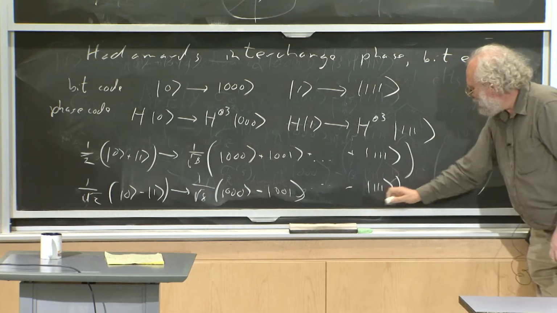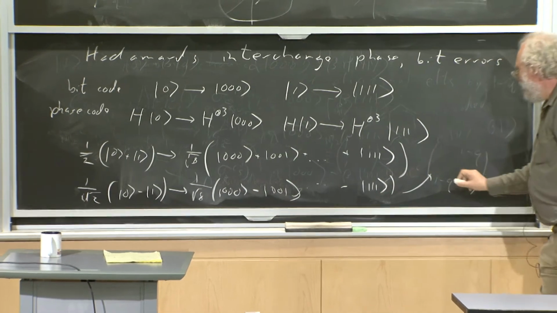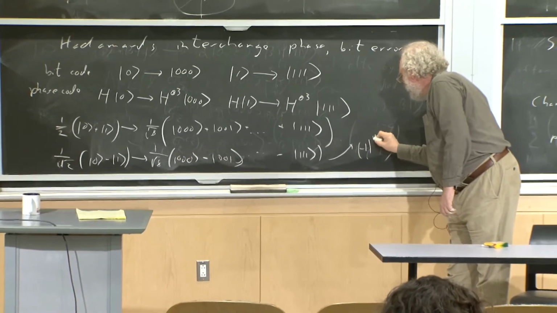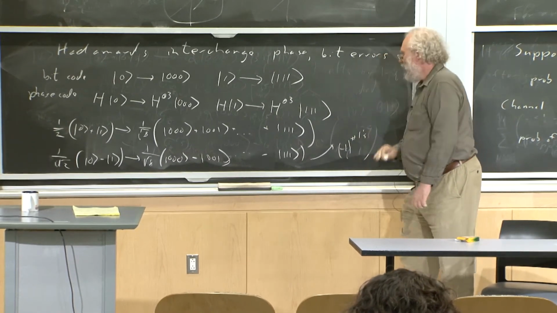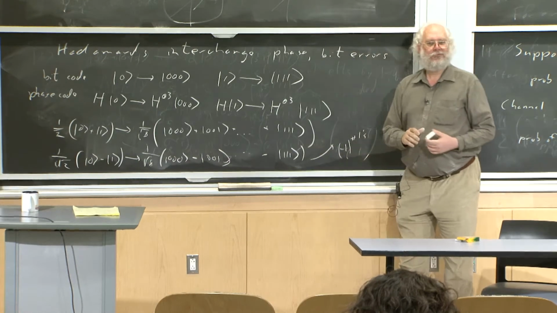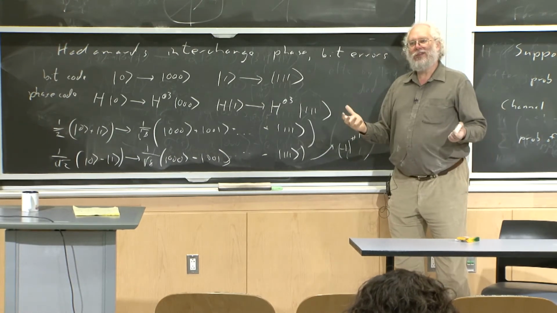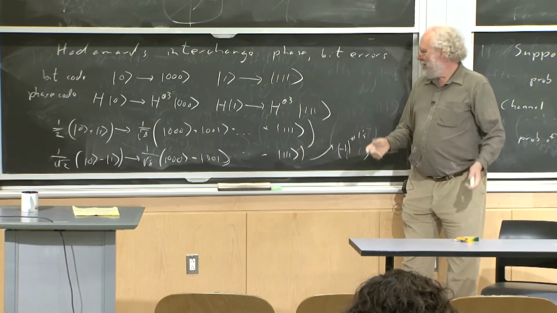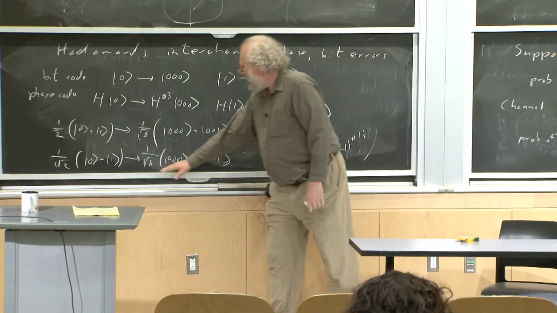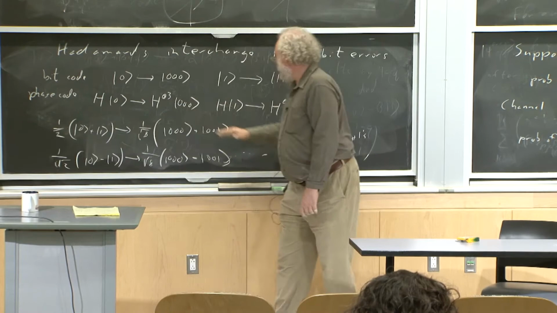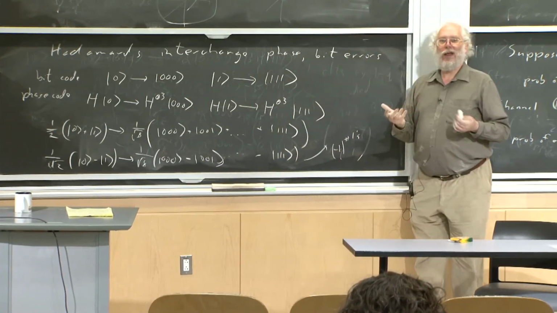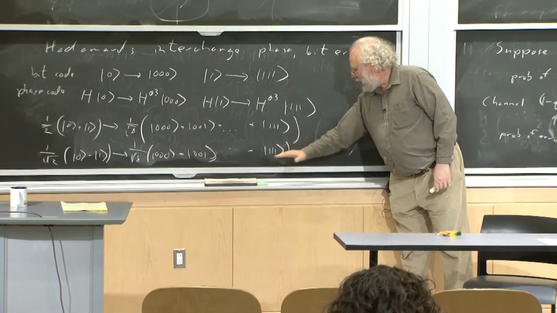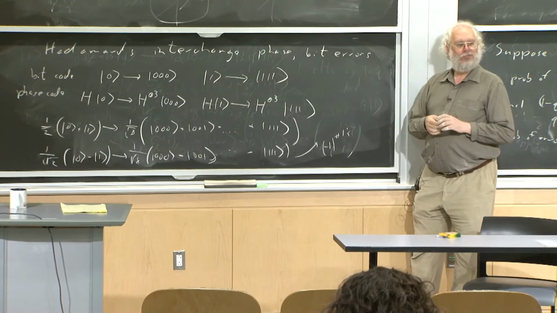And this is minus 1 to the number of ones in the state. So we worked this out for Simon's algorithm. And this is what Hadamard cubed does. It puts a minus 1 on any state with an odd number of ones.